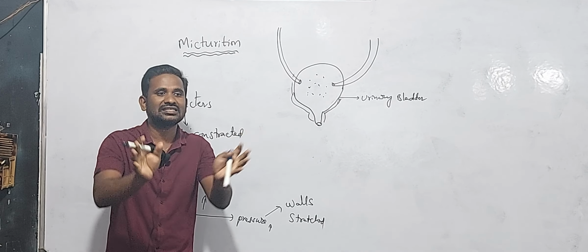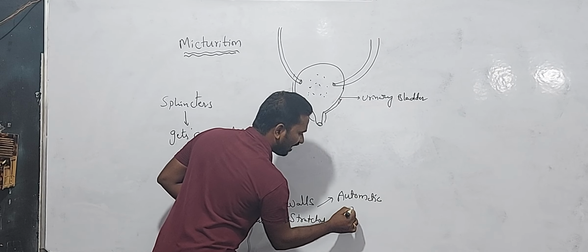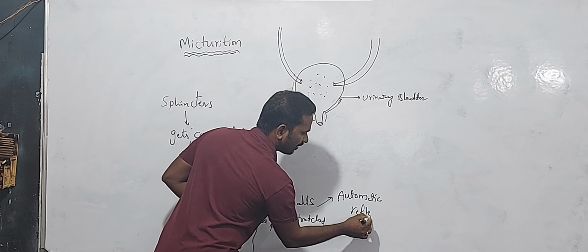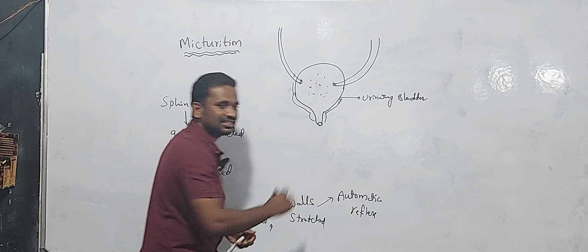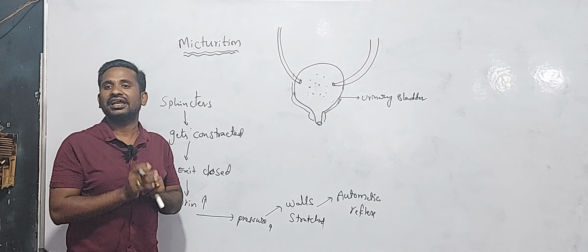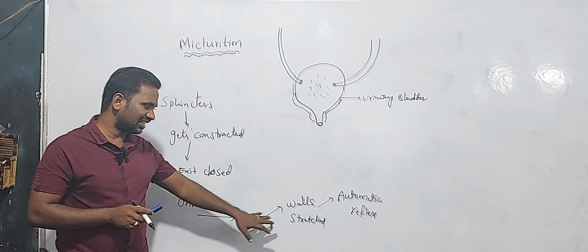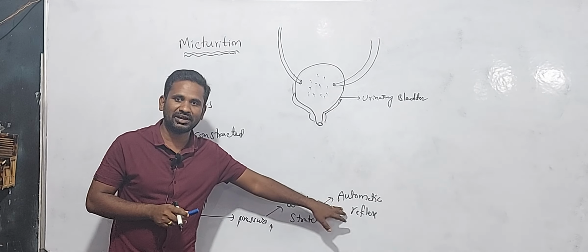So automatically the automatic reflex starts here. It means some pressure is being given on the walls of the urinary bladder. The levels of the urine are increasing in the urinary bladder, so it gives some stretch in the walls. It is an automatic reflex.